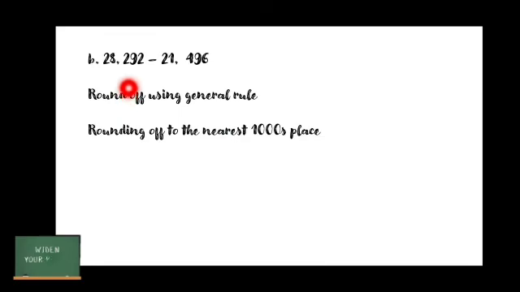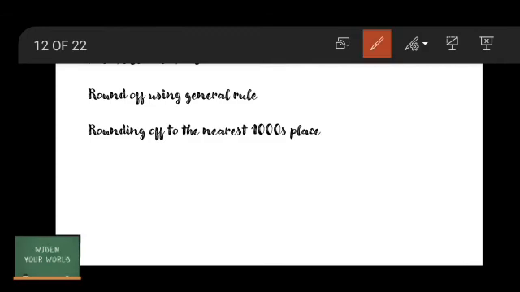The second question, we are going to subtract 28,292 with 21,496. Before subtracting, we are going to round off using the general rule. So now we will be rounding off to the nearest thousands place, so that we get 28,292.